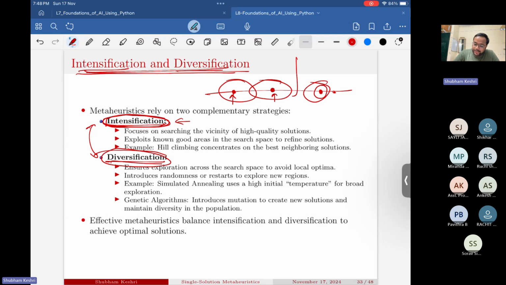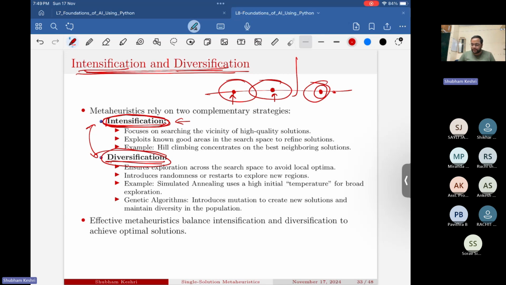Suppose you have done an exact method, you have obtained a solution and it is very close to the global optima. But what you did is you did diversification. You forgot that point and you moved to some other point. That may be bad. So sometimes, with diversification and intensification, you should be careful when to diversify and when to intensify.